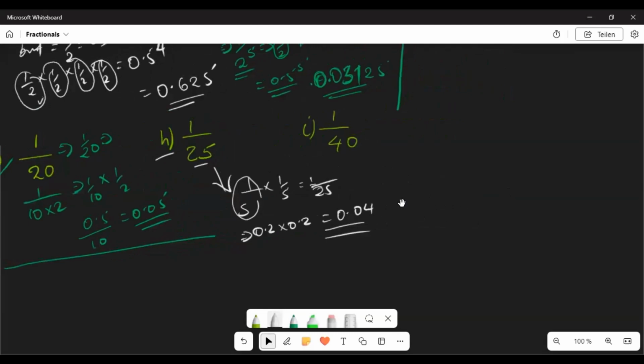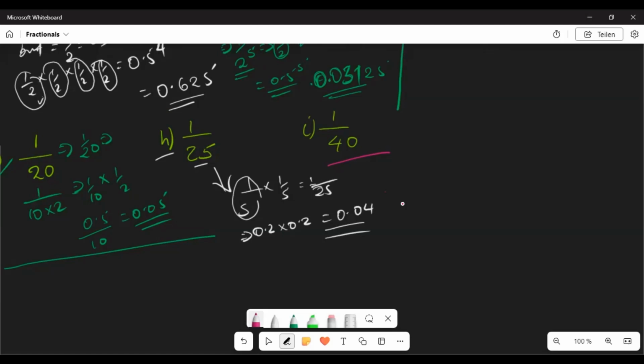Now let's look at 40. Taking 1 over 40, in this case also it's not so difficult.